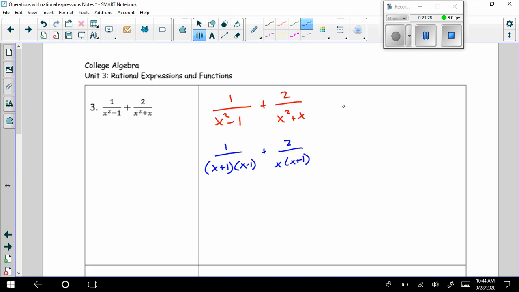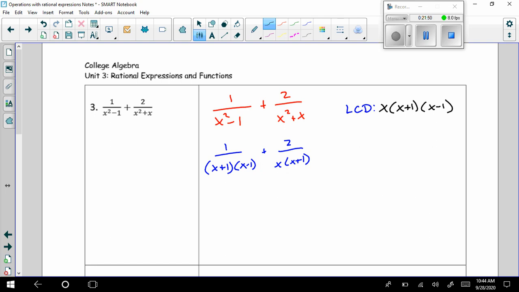All right, so my least common denominator is actually going to be a list of every different factor that I have. So I have an x, I have an x plus 1 right here. This one has that x plus 1 already, and it has an x minus 1. So I need all three of these factors to be in my denominator.